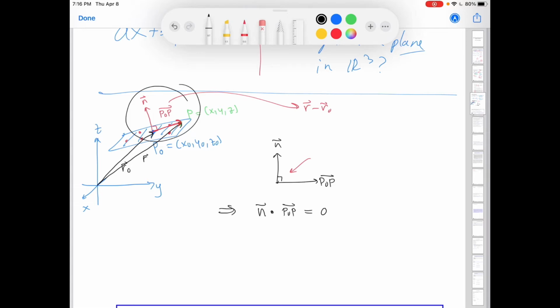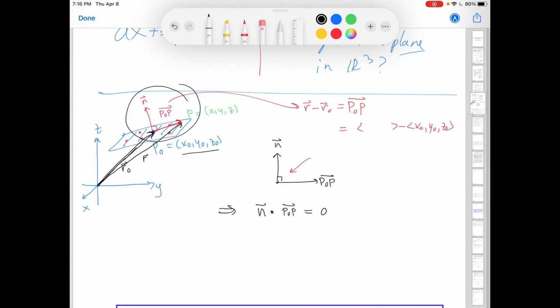Now I just have to coordinatize everything. We said that the vector P sub 0 P is equal to R minus R sub 0. I have already given some coordinates for R. R sub 0 is the vector that goes from the origin to P sub 0, and these are the coordinates of P sub 0: x0, y0, z0.